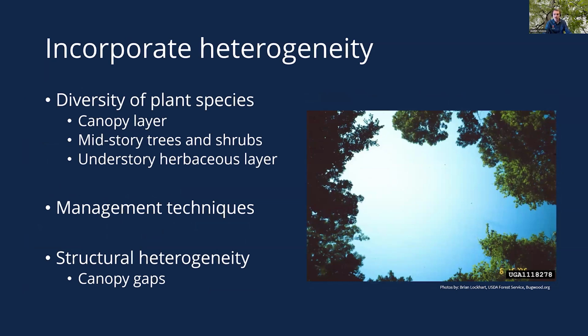One of the most important aspects of performing your woodland management is incorporating heterogeneity, which is differences in canopy structure. So maybe it's height within the forest, and including a canopy layer of your trees, but also thinking about the mid-story shrubs and trees that are in the middle, and the herbaceous layer that we don't necessarily always think about in other forestry contexts.